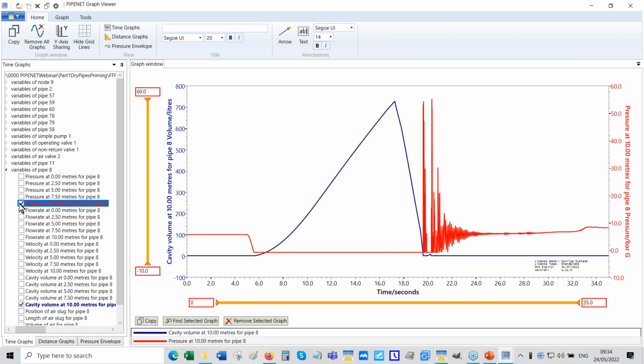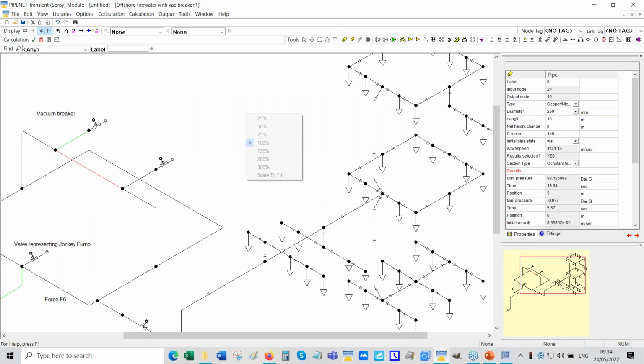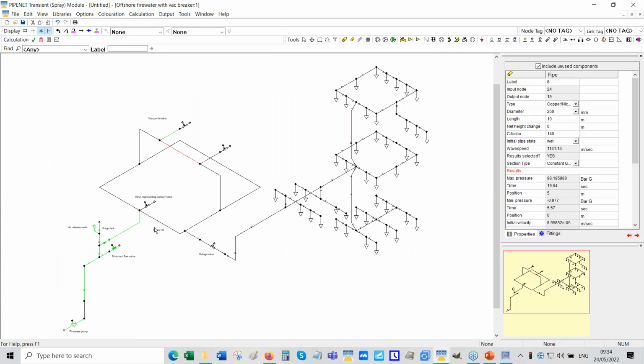We're getting quite a big cavity in the pipe and a pressure surge when the cavity collapses. Okay, so this is one way of modeling a fire pump with an integrated surge tank, and typically that's Frank Mohn pumps.